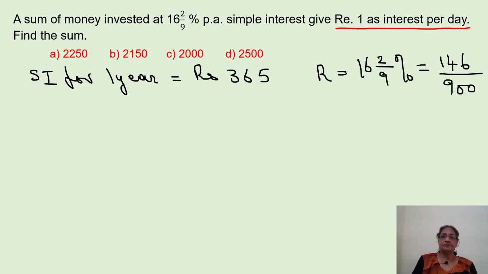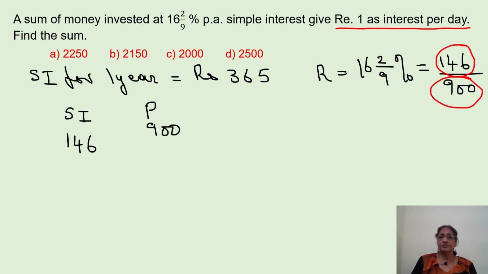We know that if the simple interest is 146, principal is 900, and this I'm getting from here. So if the simple interest is 365, how much is the principal?